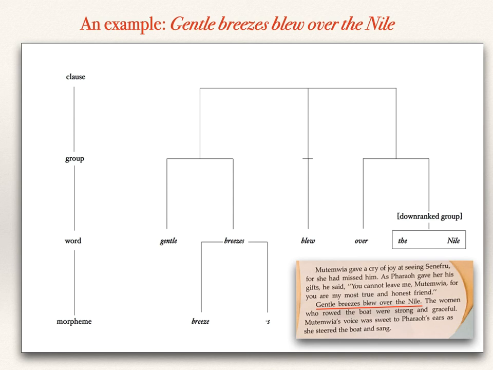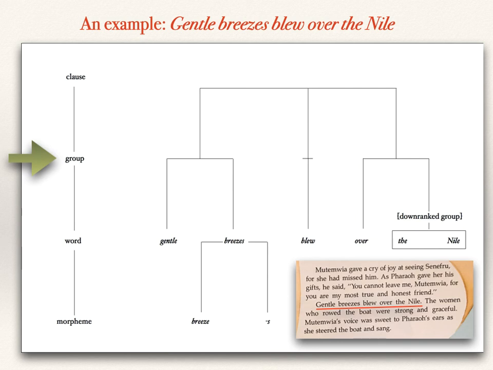This is then an illustration of the compositional organization of a clause in terms of units of different classes and their units in turn. So we start with the clause. We note that it consists of 3 units. In fact, 2 of them are groups and 1 is a phrase.